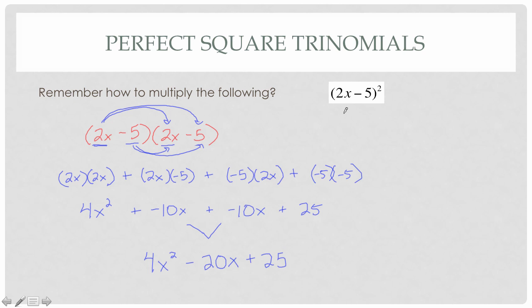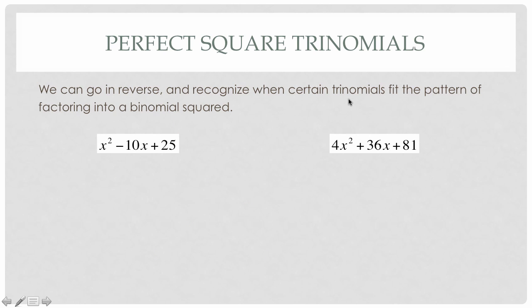There we go. That's squaring a binomial. But when we're trying to go in reverse with factoring, multiplying gets me to the trinomial, but now I want to be able to undo that and get back to where I was before I multiplied. So we can do the same thing if we recognize certain patterns in our perfect square trinomials.